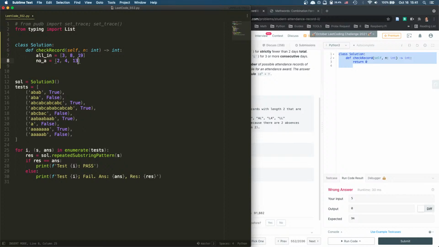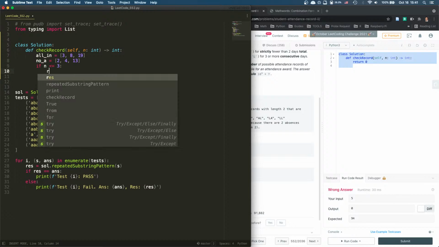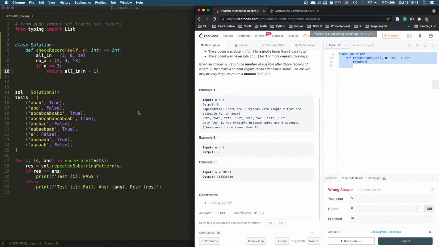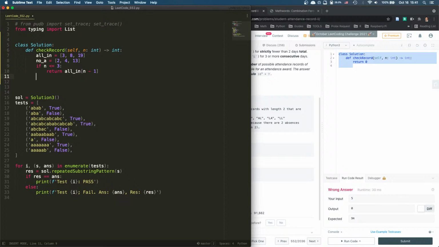And then we say if n is smaller or equal to 3, right? I'm going to return all in n minus 1. So n is starting from 1, yeah. So we're going to do all in n minus 1. Otherwise, we're going to say for I in range, right?